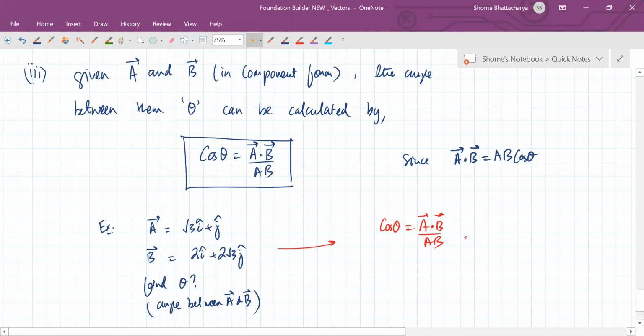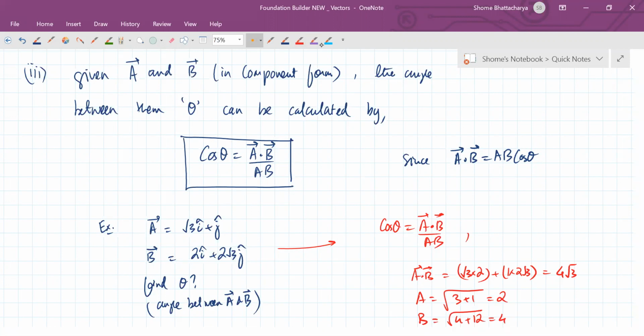Now in this, a dot b is how much? It is root 3 into 2 plus 1 into 2 root 3. So you can see it is 4 root 3. Okay. Magnitude of a is how much? It is square root of 3 plus 1, so 2. And magnitude of b is how much? Square root of 4 plus 12, so it is 4. So now substitute all this information here.